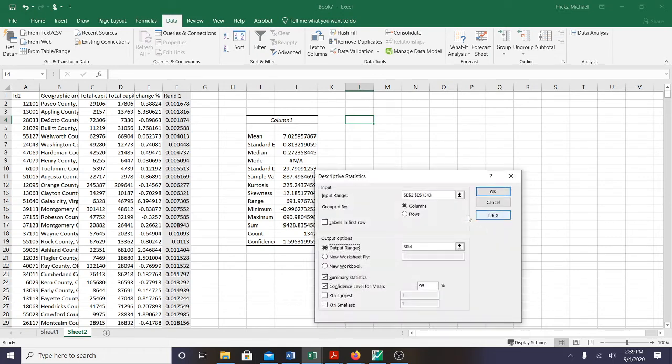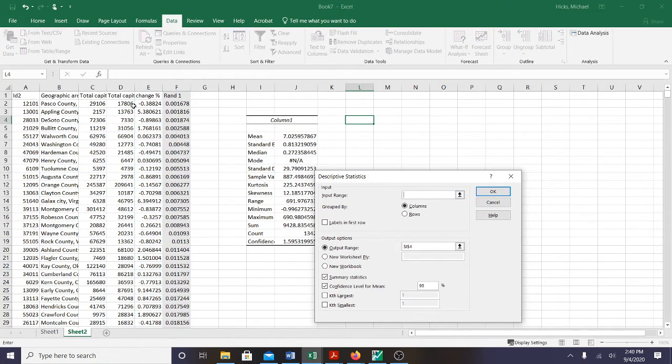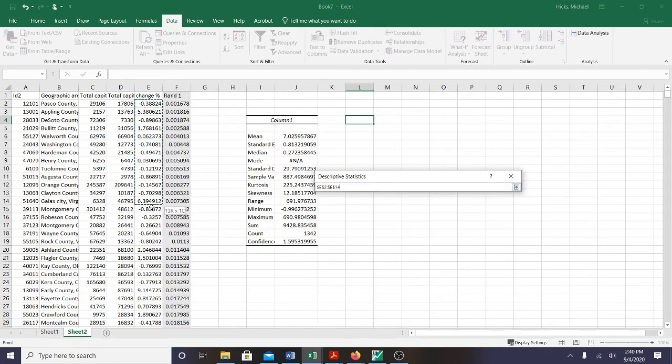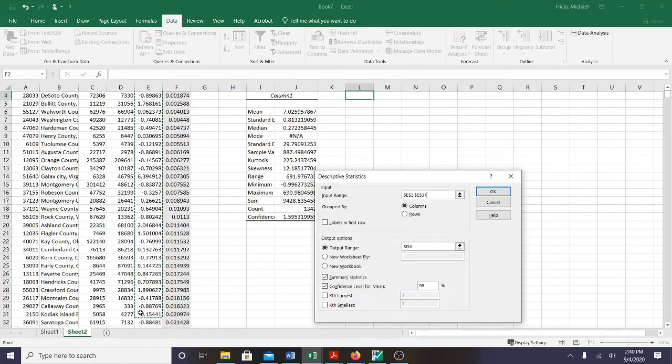So I want to see their descriptive statistics because I want to compare the full known population with just, let's say, 30 of these. So the input range here is going to be smaller. I'm going to do the first 30 of their capital change here, so that will be 30 different, and I'm going to change their output block so I don't override it. I want to compare the two, and I'll just have it right here, and boom.